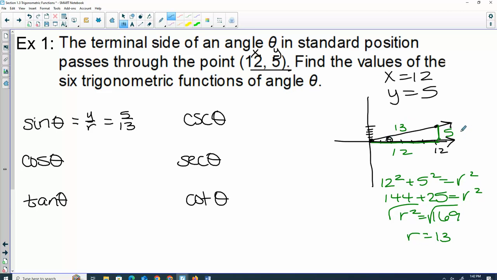My opposite side is 5, my hypotenuse is 13, so 5 over 13. Cosecant is the reciprocal of sine. So sine is y over r, so that means cosecant, if you flip it, is r over y. That gives me 13 over 5.